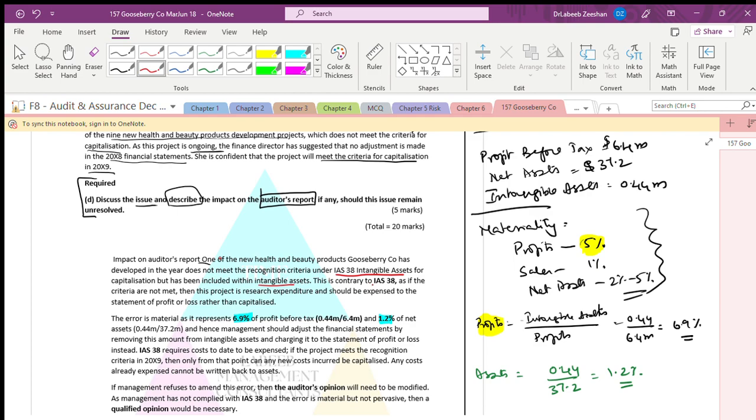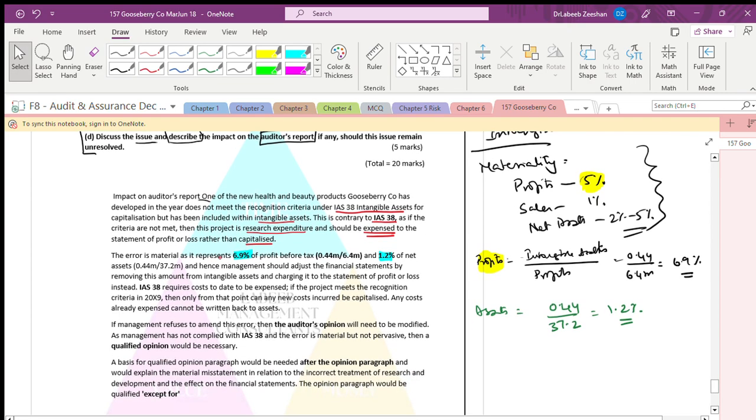This is contrary to IAS 38. Criteria not met, and the project is research expenditure, which should be expensed to the statement of profit and loss and should not be capitalized. Keep this in mind while going through this video; it makes sense and you are not going to forget it.